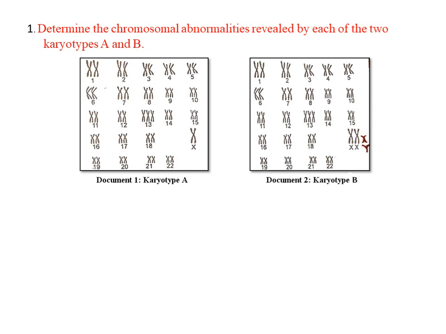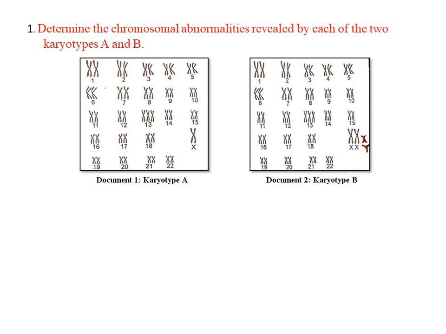I want you to have a look at this karyotype. Where is the abnormality? Start from the first pair. Pair 1, normal, normal, normal. Oh, pair 13. Here, 3 copies of chromosome 13 instead of 2. Then continue.